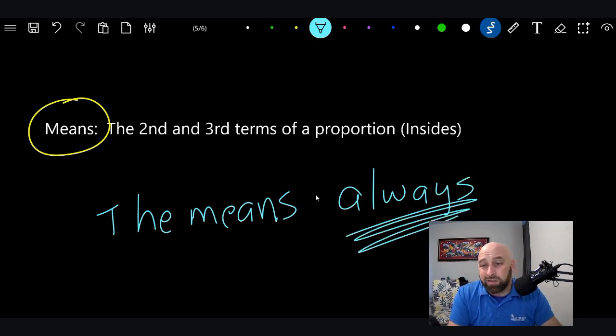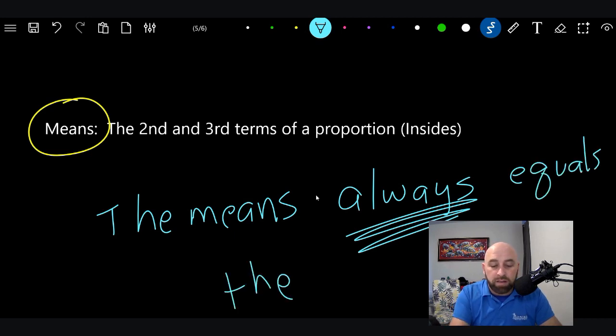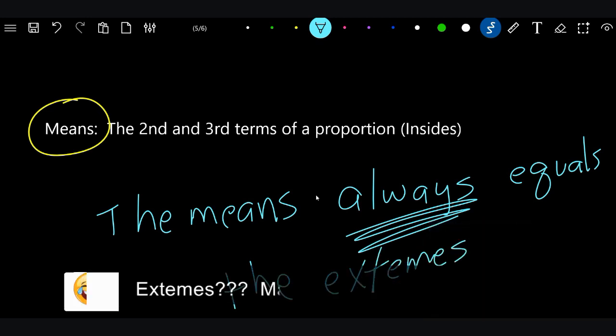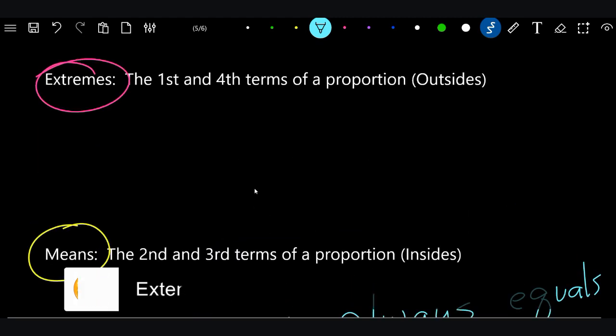We've had those always, sometimes, never questions on quizzes. It's important that it's always. This is always true. This is a law of mathematics. The means always equal the extremes.